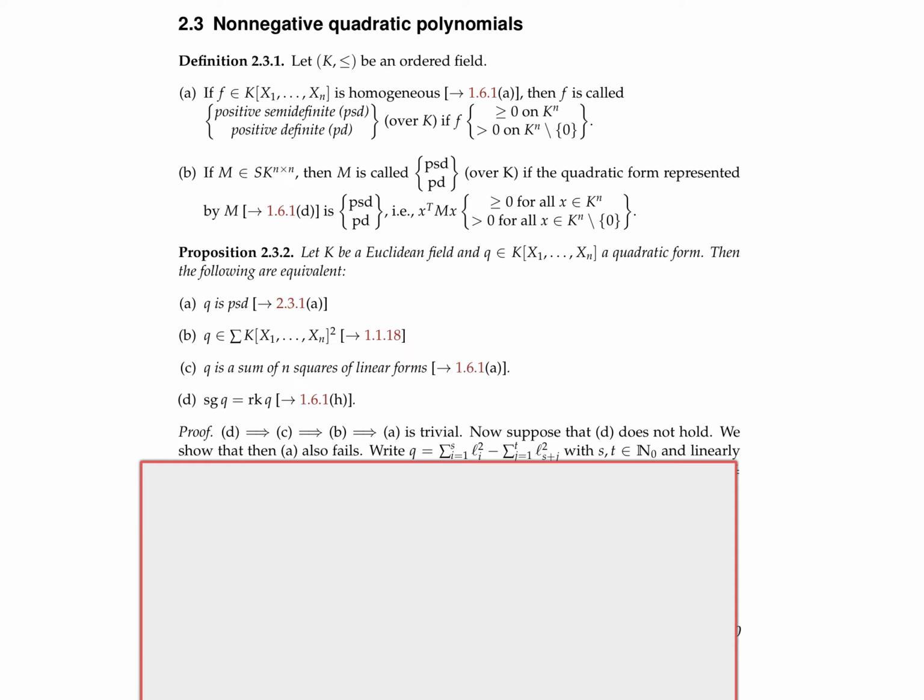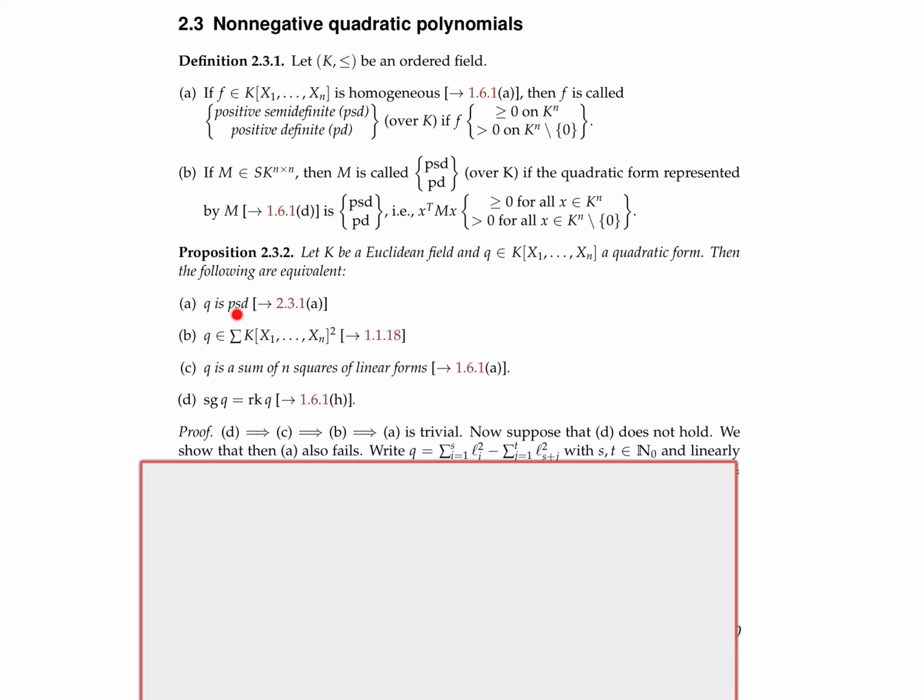So from D to C, it's trivial, right? Because I said there are no squares appearing negatively. And from C to B is completely trivial. And from B to A is also trivial, right? Because if I evaluate such a sum of squares of polynomials, then of course I get a sum of squares of elements in the Euclidean field, and that's of course non-negative.